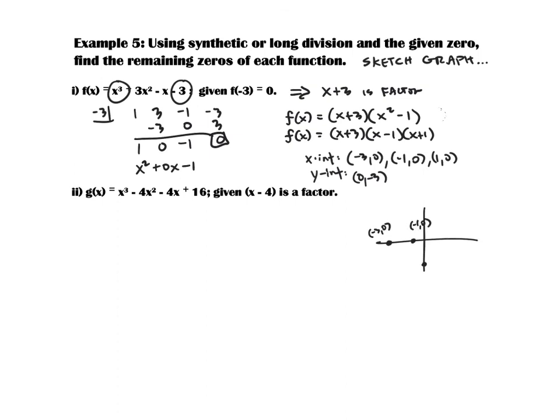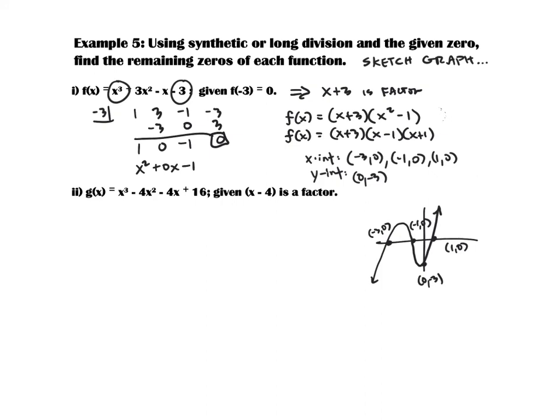I have y-intercept at 0, negative 3, and other x-intercept, or 0, at 1, 0. So the graph is going to pass through each of those. That's a pretty good sketch of f of x.